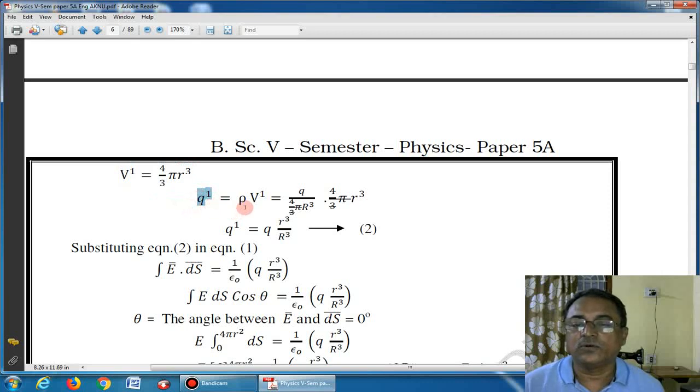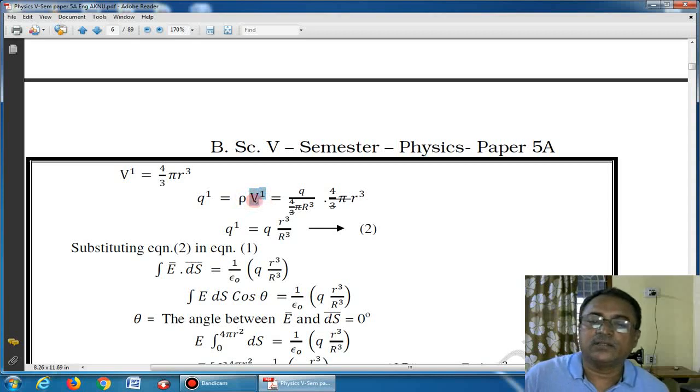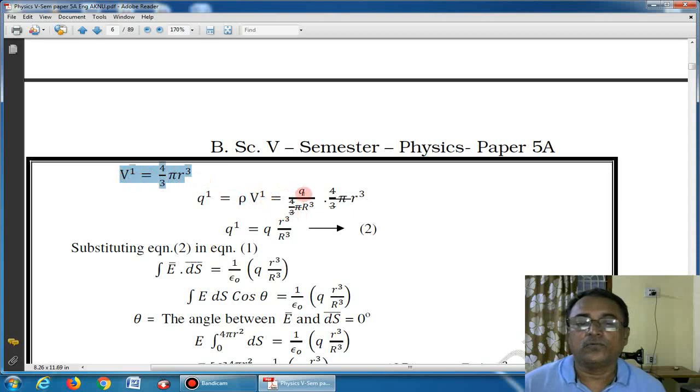Q dash is equal to the charge density into the volume within the Gaussian surface. We know that rho is equal to q by 4 by 3 pi r cube, into v dash is equal to 4 by 3 pi small r cube, and 4 by 3 and pi get cancelled.